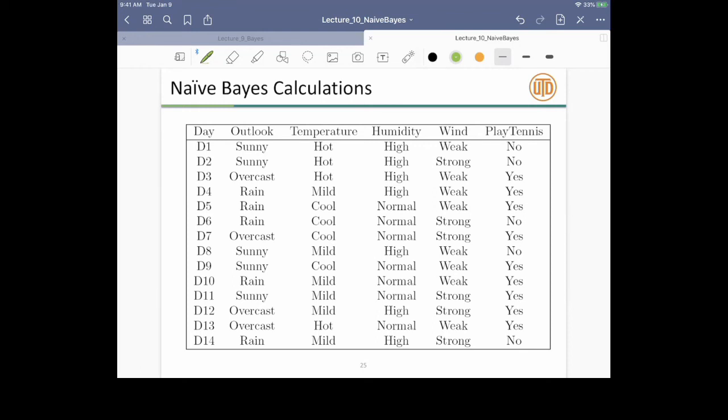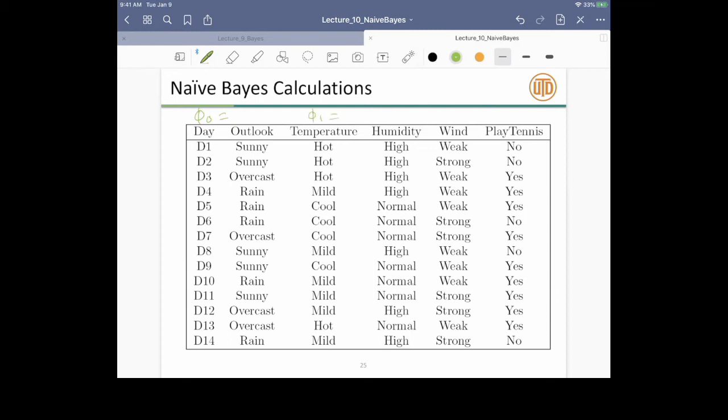Yeah, the probability of playing tennis or not. Essentially you will have two parameters, which is phi 0, which belongs to whether you don't play tennis, and you have phi 1.